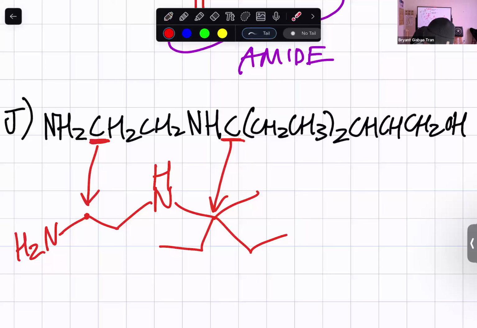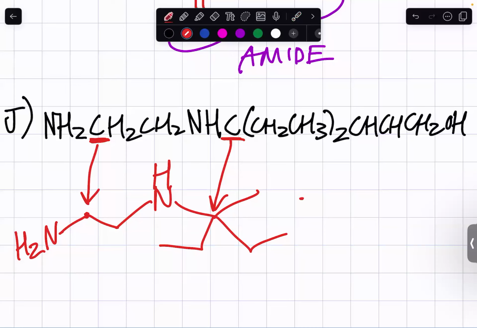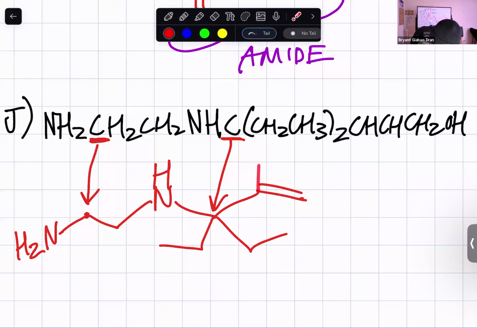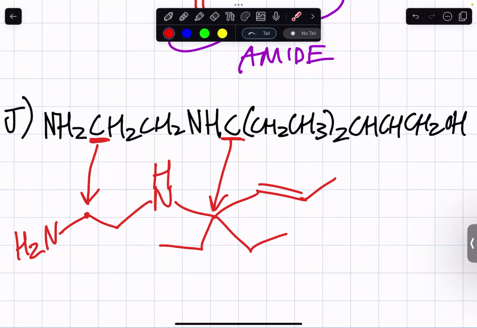Yes, a carbon with 1 hydrogen. And how can we make this carbon have 1 hydrogen and the other carbon attached to it also have 1 hydrogen? I'm assuming we add another bond. Yes, a double bond, right? To ensure that this carbon will have 1 hydrogen and this carbon will also have 1 hydrogen like that. This is the double bond right here.